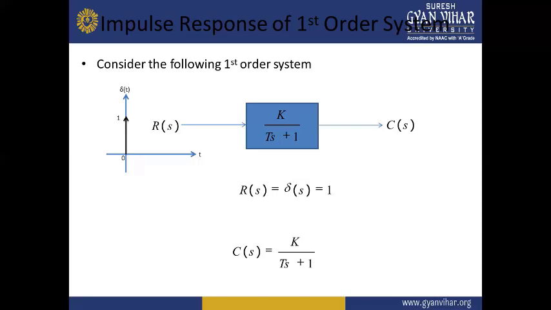Therefore, your response at the output will be equal to K upon Ts plus 1. That means whatever is the input, you will be getting the response equal to the open loop transfer function of the system.